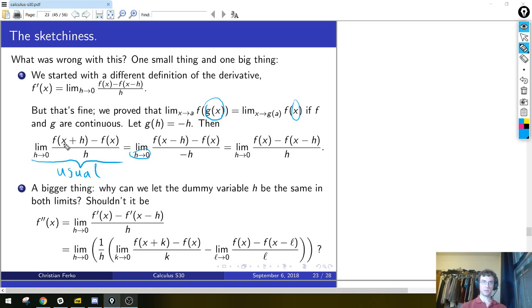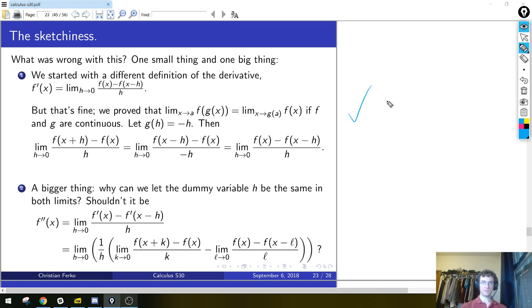So the f of x plus h goes to an f of x minus h. This piece stays the same. The h downstairs goes to minus h. And now I see that I can just take that minus sign and pop it upstairs. So when I pop it upstairs, the f of x becomes positive, the f of x minus h becomes negative, and the whole thing is still the limit as h goes to 0. So that's the proof that we can use either of these.